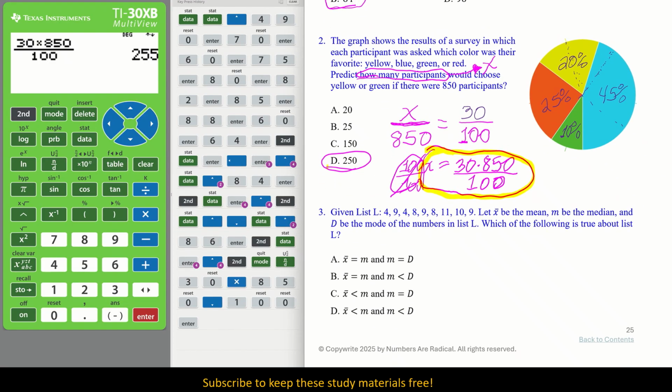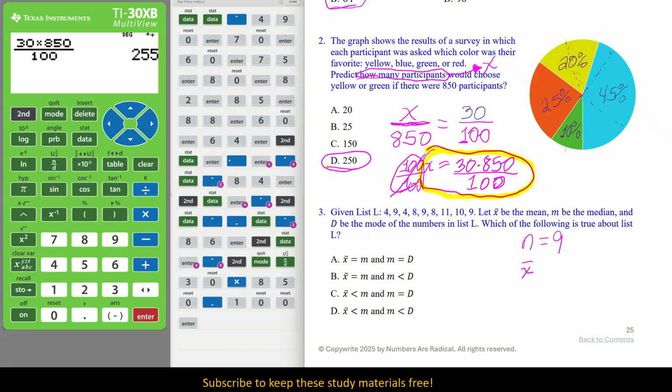All right, let's go down now and look at 3. Given list L, and we have a list here, looks like 2, 4, 6, 8, 9 items. So I'm going to say N equals 9 items. Let X bar be the mean, which is what's in our calculator. Wait a minute, let me write all this down.